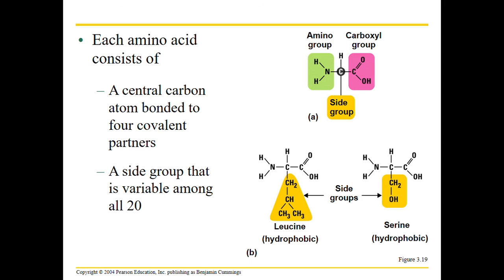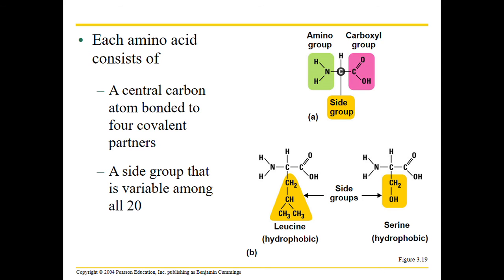Each amino acid will have a carbon atom with an amine group, so remember, you can call it amino or amine, both are correct, and it'll have a carboxylic group, or carboxyl group. And then this side group right here is also called an R group. I think earlier we may have called it a functional group.